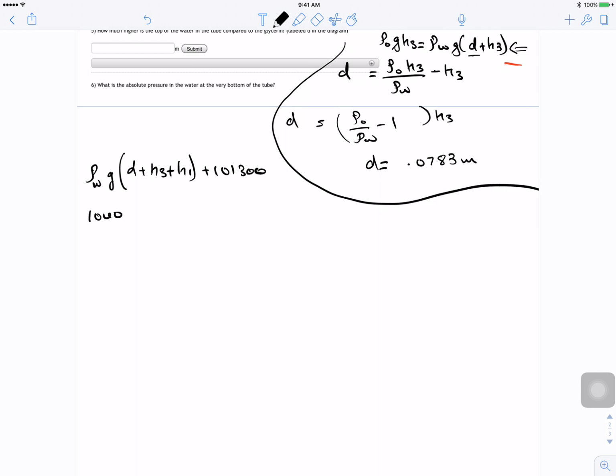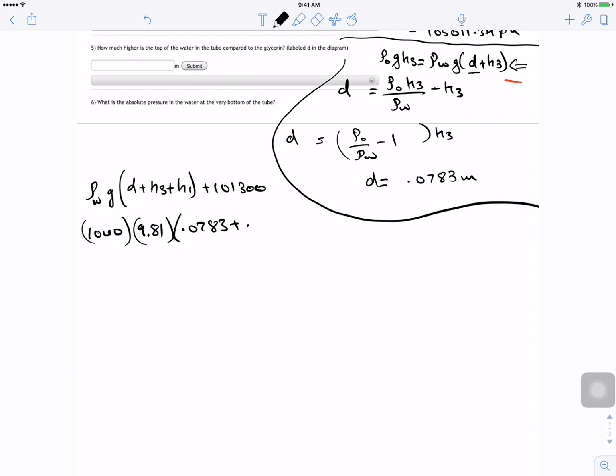So 1,000 times 9.81 times (0.0783 plus H3, which is 0.3, plus 0.04585) plus 101,300.